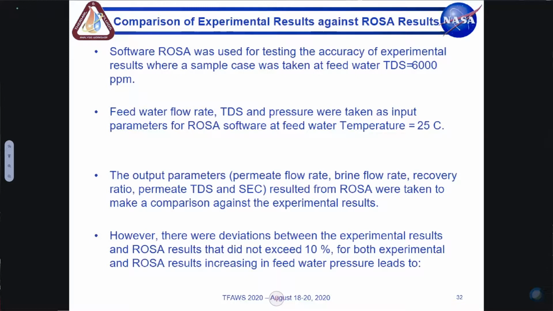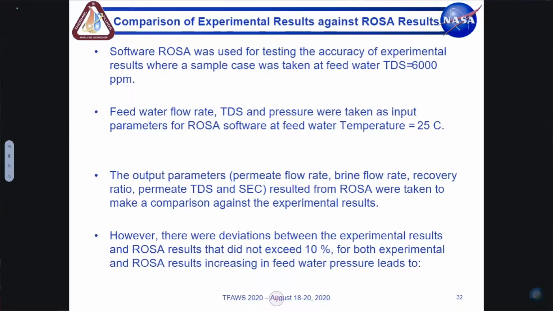And we make a comparison between our experimental results and the ROSA results to know the quality of our experimental results. Software ROSA was used for testing the accuracy. As I told you, for the experimental results a sample case was taken, for example, total dissolved solids of 6,000 parts per million.